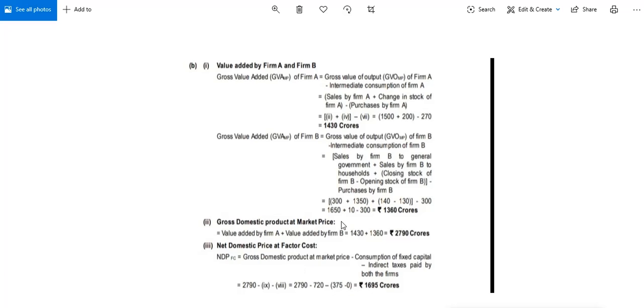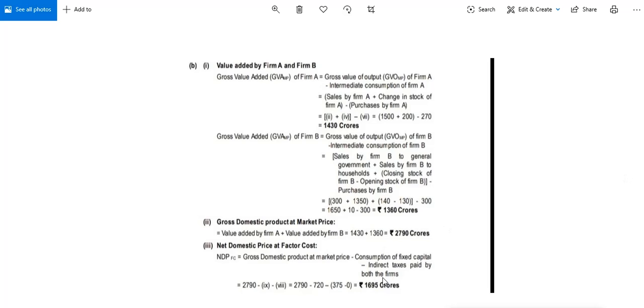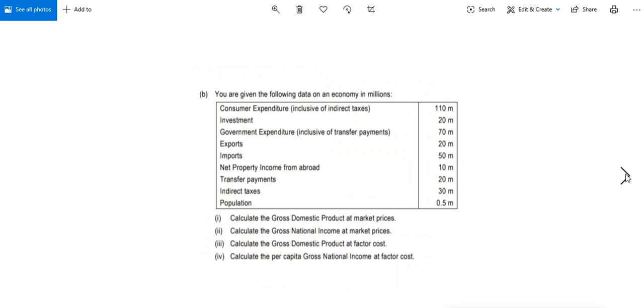One firm has paid, the other one has not paid here. So if you see the question, you can find out that it is a common aspect. Indirect taxes are given as a common aspect for both the firms. Hence, such total can be taken directly. So the net result is 1695, which is nothing but NDP on the basis of factor cost.